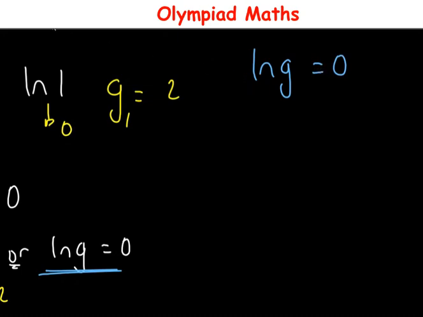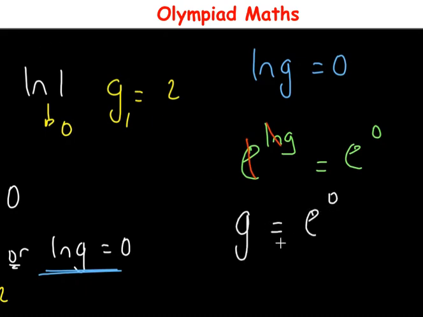So we are going to first remove ln from here so that g can stand alone, and to do so, simply introduce e to this equation. So e raised to power ln g is equal to e raised to power 0. With this done, e will cancel ln. What we have is g standing alone, which equals e raised to power 0.